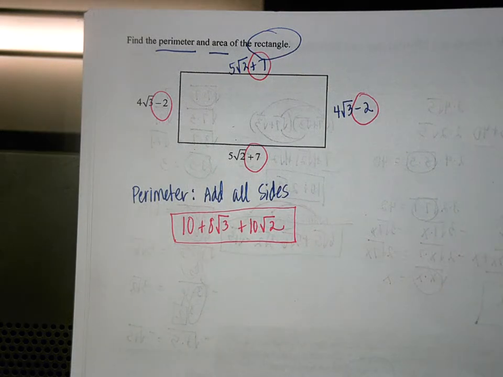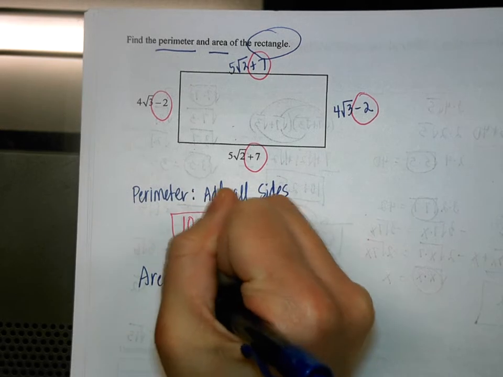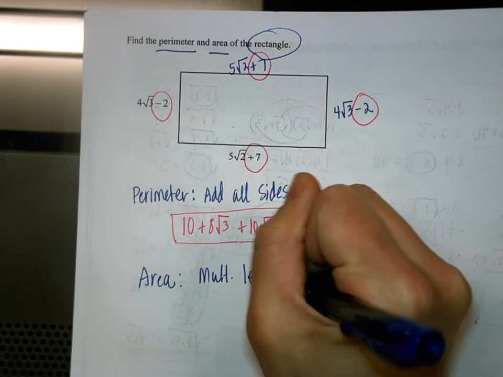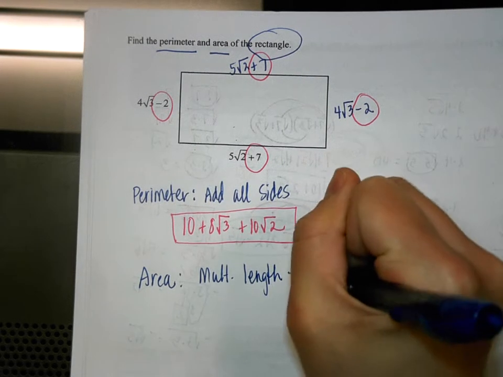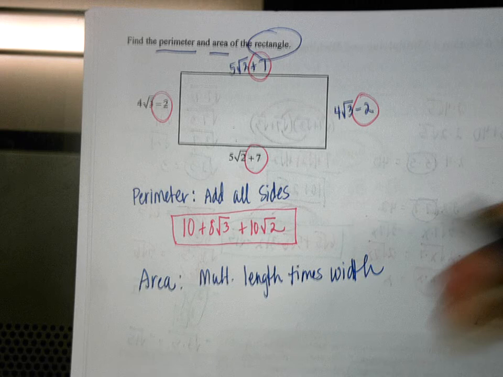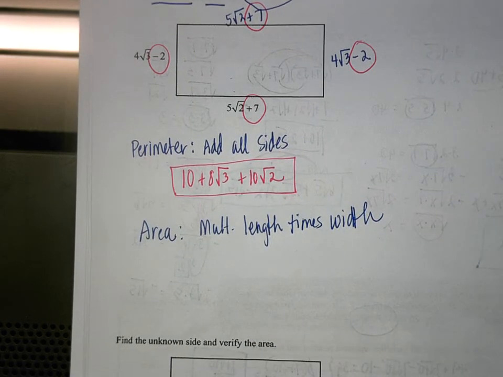Okay, area. How do I find area? Very good. You multiply your length times width. So on this one, what will I end up multiplying?